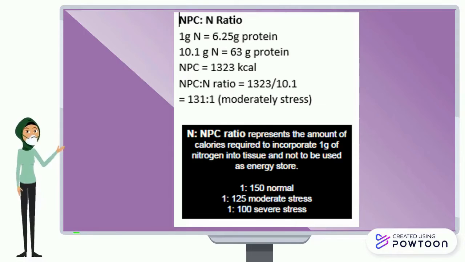So NPC is equal to 1323 kilocalories as calculated previously, divided by the N value. The NPC to N ratio is 1323 over 10.1, so we get 131 to 1, and this indicates that our patient is moderately stressed.